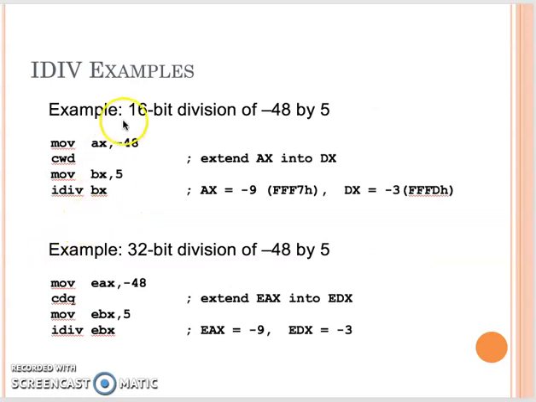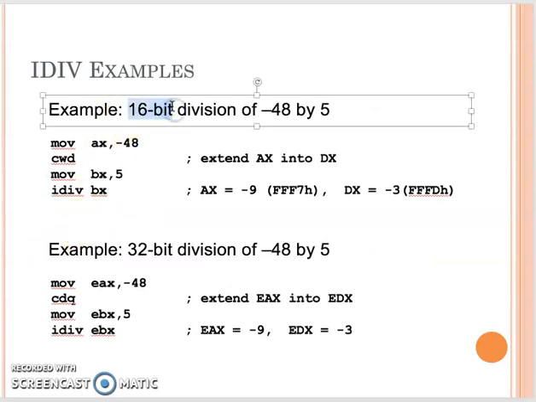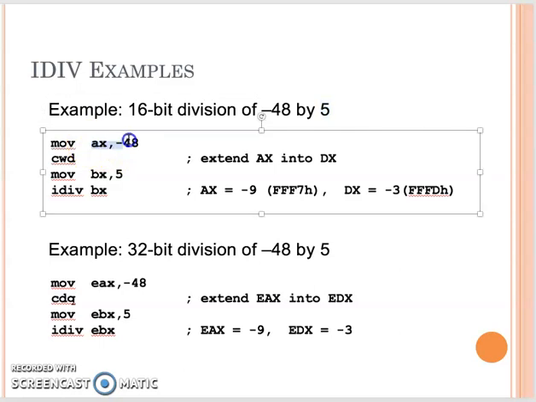But in the 16-bit version, you really cannot just copy over to DX. Here 5 moves to BX, and the dividend needs to combine DX and AX. I can copy -48 to AX, but we don't know how to fill DX, so instead of doing it manually, we call CWD, which extends the sign bit into DX.